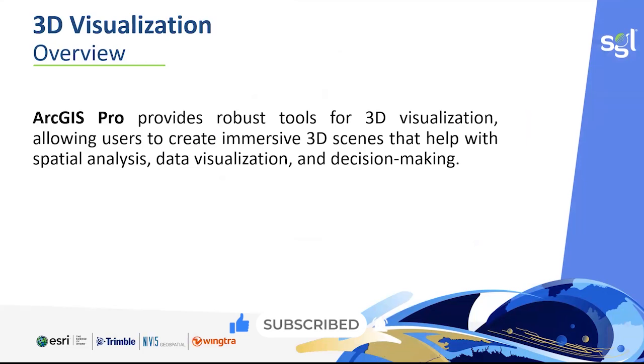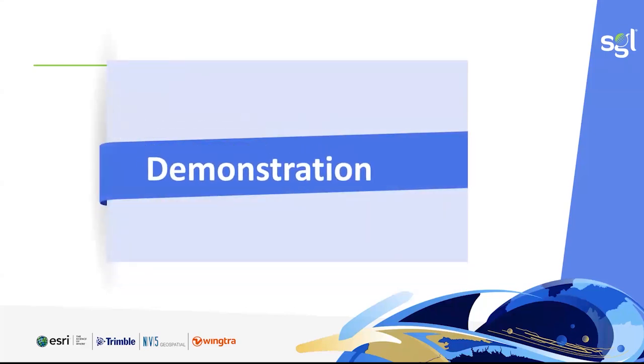That's turning your 2-dimension visuals into 3D, whether for maybe urban planning, environmental studies, or infrastructure projects. ArcGIS Pro 3D tools also allow for deeper insights and better decision making through detailed and realistic visualization. So we'll not waste much of our time. We'll just go straight into the demonstrations.